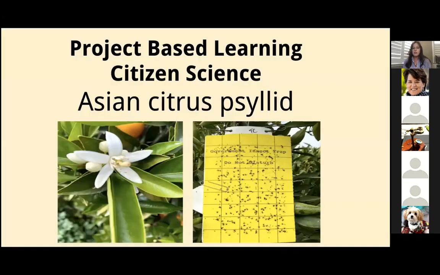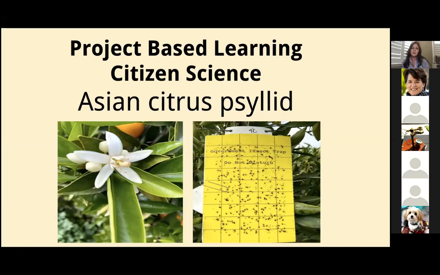So in our area, one project that I've worked on for a few years with another teacher who partnered with me on this initially at a school here, her name was Julie Cates, was this Asian citrus psyllid, which is an invasive species. We live in an area that's an agricultural region where we have commercial citrus groves, but in California, having citrus in your landscaping is very common.